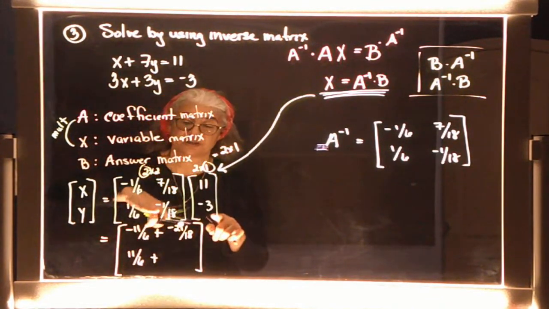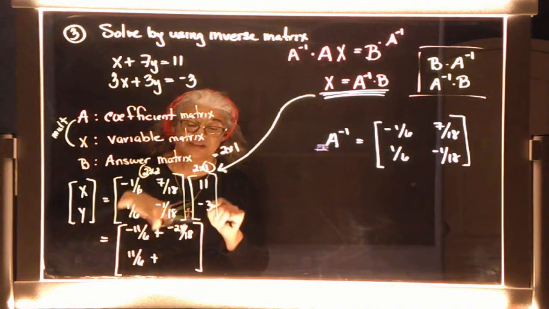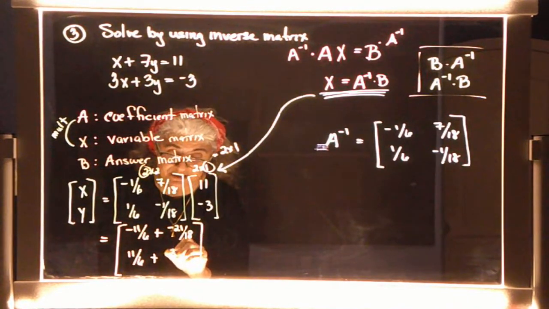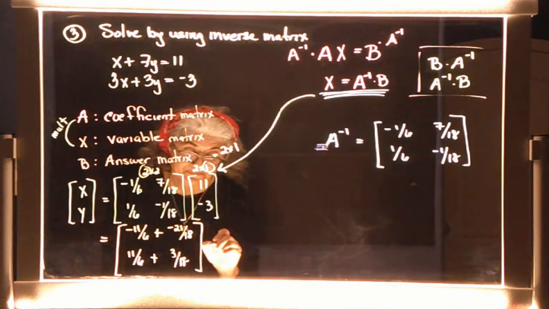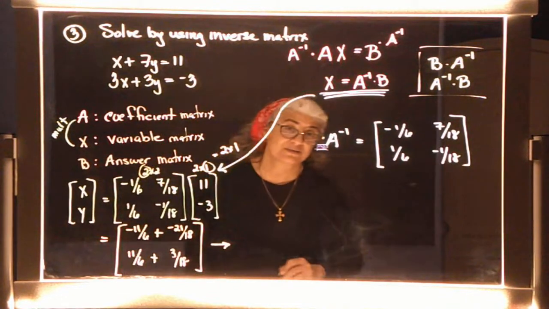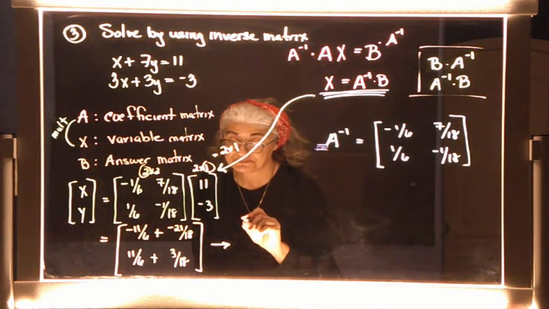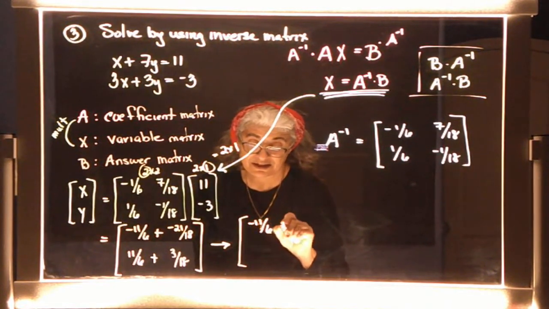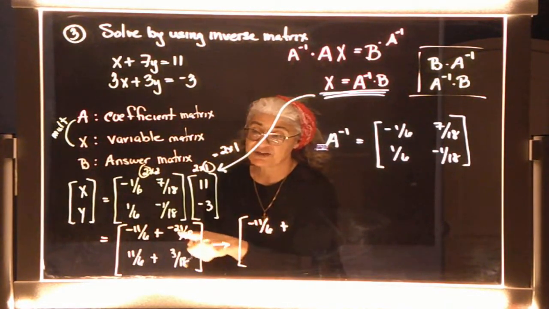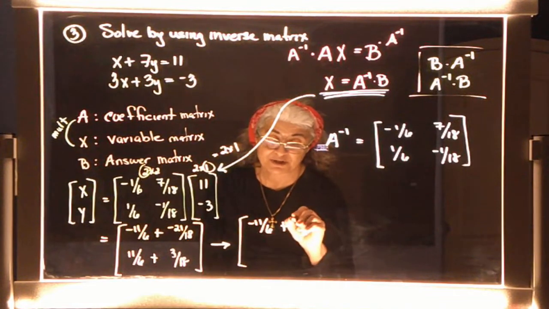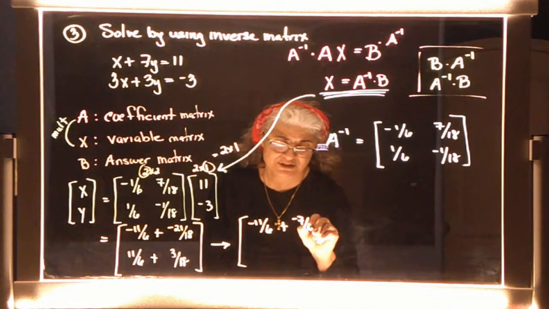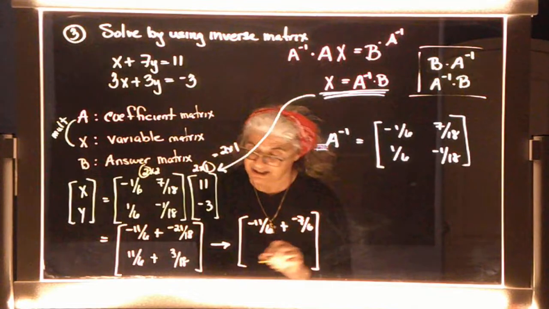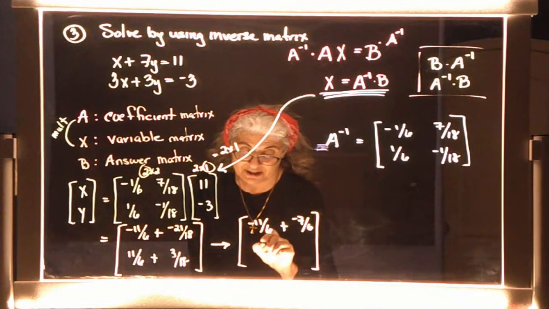And I add to it negative 1/18 times negative 3, which is a positive 3/18. I gotta do some simplifying here. Looks like a negative 11/6. Gratefully, this fraction will reduce by 3, won't it? So that'll be a negative 7/6. And this bottom one is 11/6.